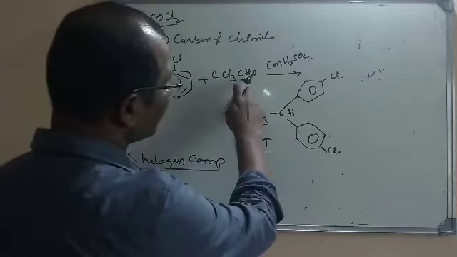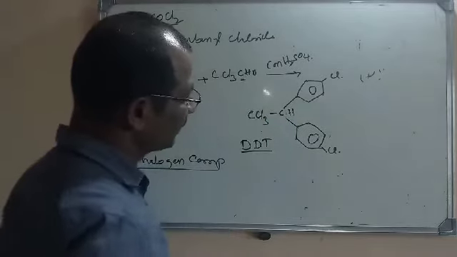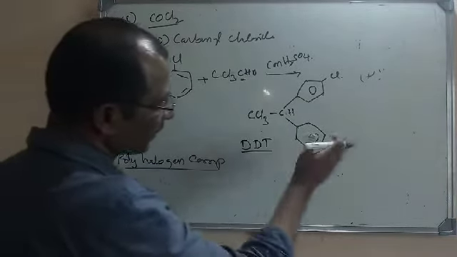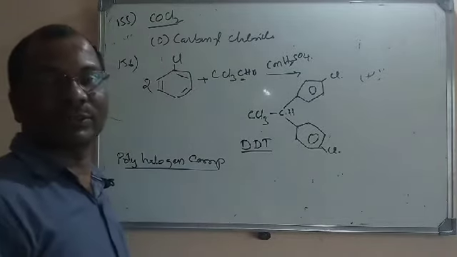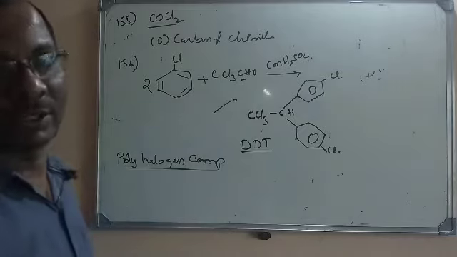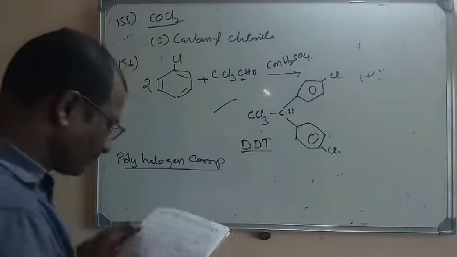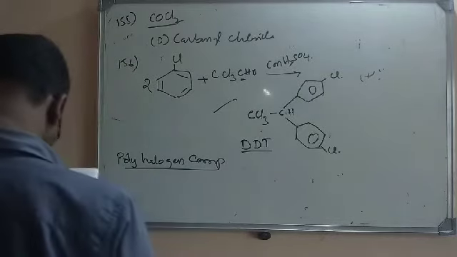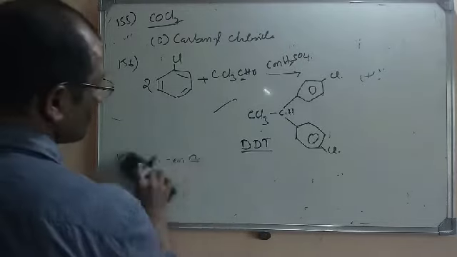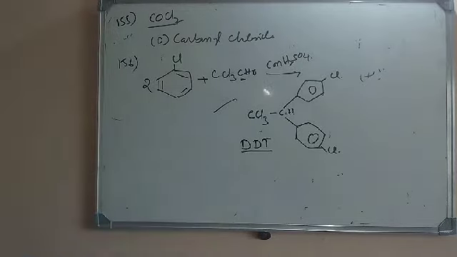So what happened here? Hydrogens, one oxygen here, and hydrogens from here were eliminated in the form of water. So we got DDT, which is one of the insecticides. Next we will move to question number 157.